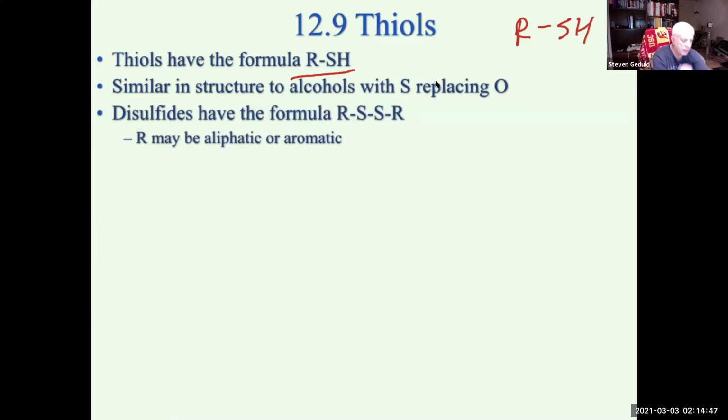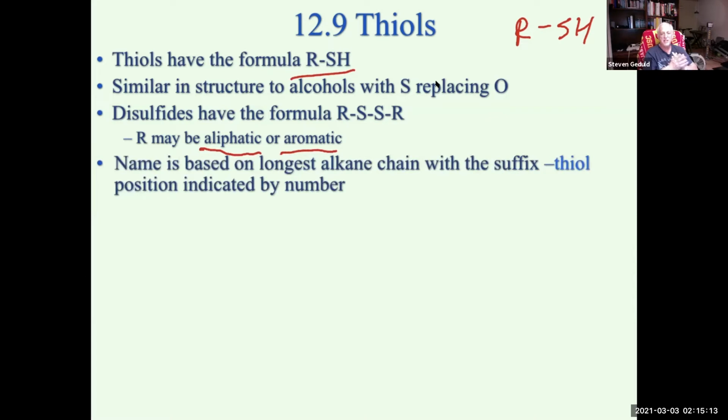The R group may be aliphatic, which is a hydrocarbon, or aromatic, which is a hydrocarbon benzene ring. Remember, aromatic compounds are the benzene rings, and aliphatic is every other hydrocarbon. So benzene rings have their own type of chemistry because of that conjugated double bond system which makes them extremely stable.